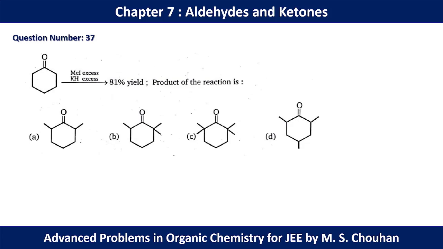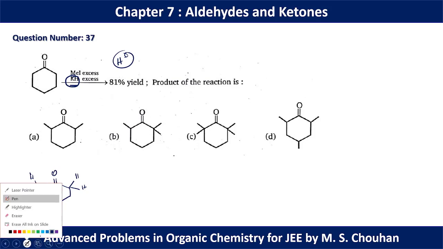In question number 37, we have KH which can behave like a base. So basically we have 4 alpha hydrogens present in this case, and stepwise this KH hydride can remove all the alpha hydrogens. I can show you one step.